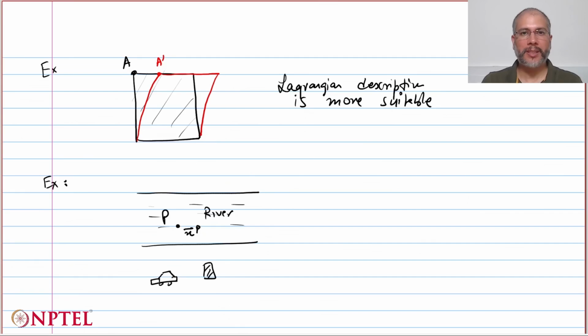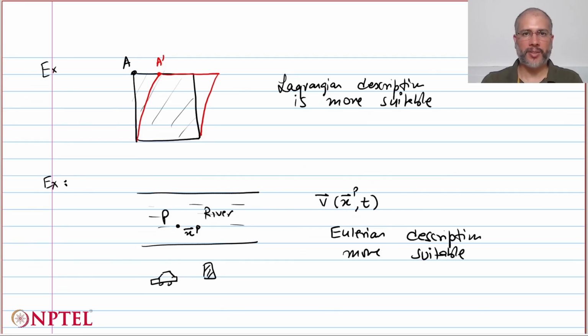Is the velocity increasing with time at this spatial position or not? Because if it does, then we must be careful. So in this case, I'll be interested in the velocity as a function of small x and t, in this case particularly for small x_P, if I'm interested in that point P. So this is where the Eulerian description is more suitable.